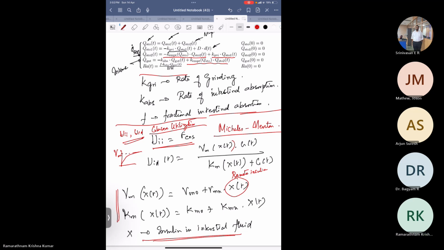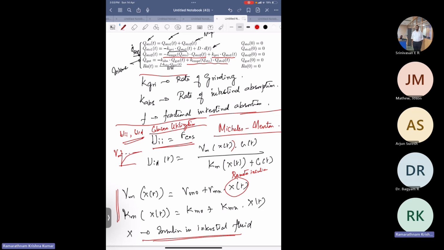Then the next question you will ask me is, how does the insulin in the interstitial fluid vary? Enjoy the beauty of this whole thing. They are coming again and again. Now I am in the interstitial space. I can't say it's a constant. The insulin in the interstitial space also varies with time. So I should use what is called an evolution equation.